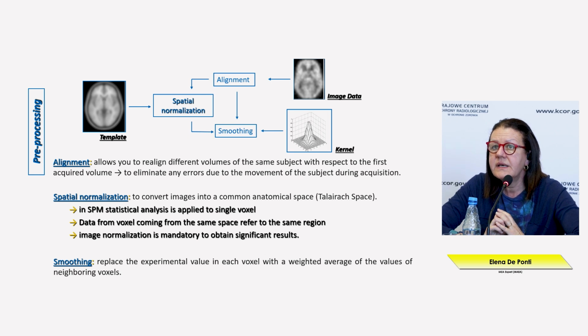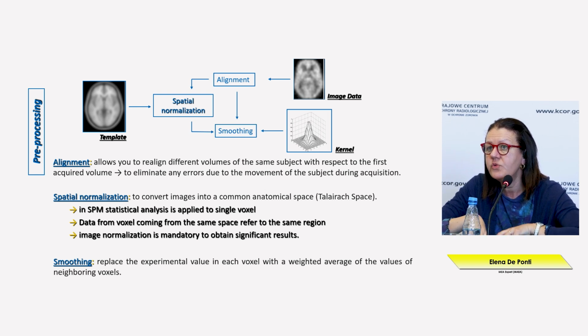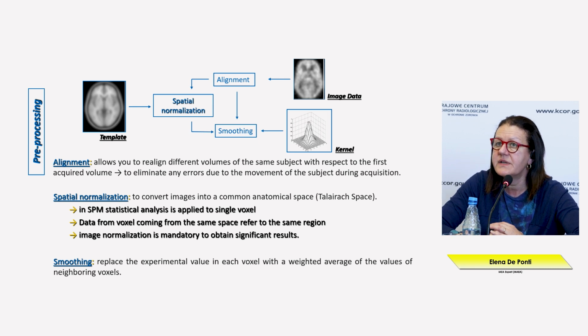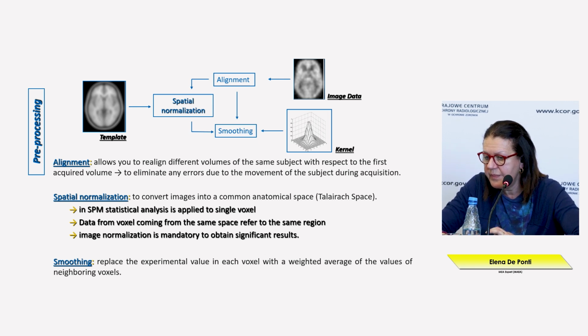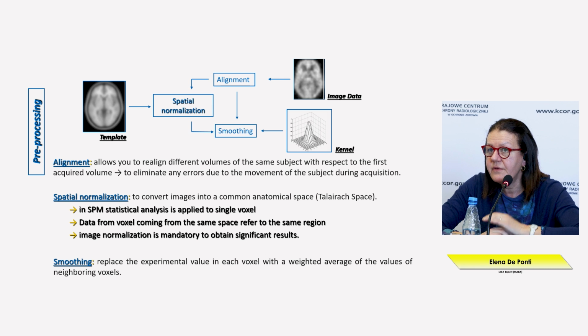First, we have to align the images, then we have a spatial normalization to be able to refer our study to a template of a different study of pathological or healthy patients, and then we have a smoothing of our images to avoid statistical fluctuation in the image data.